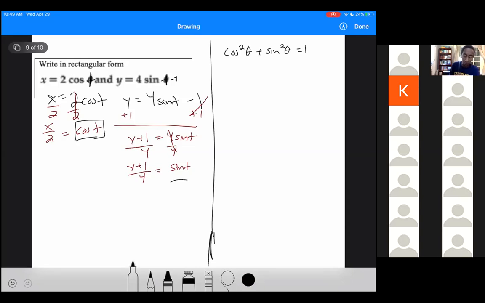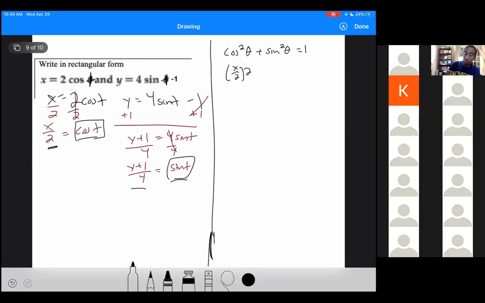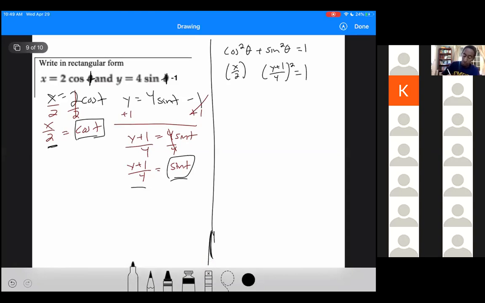Because cosine is equal to x over 2, we can replace this with x over 2 squared. And then because sine of theta equals y plus 1 over 4, we can replace that with y plus 1 over 4 squared. And then we simplify that.